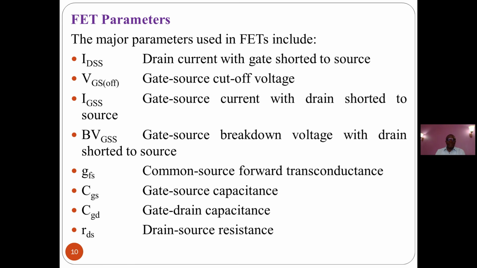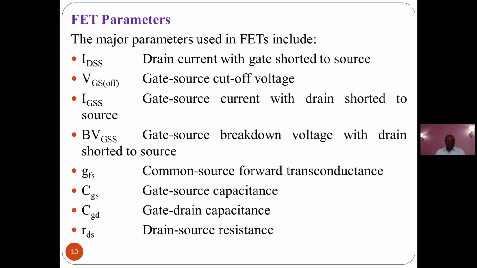These major parameters include I subscript DSS, which is drain current with gate shorted to source, V subscript GS(off), meaning gate source cutoff voltage, then I subscript GSS, which means gate source current with drain shorted to source, V subscript GSS, which is gate source breakdown voltage with drain shorted to source.